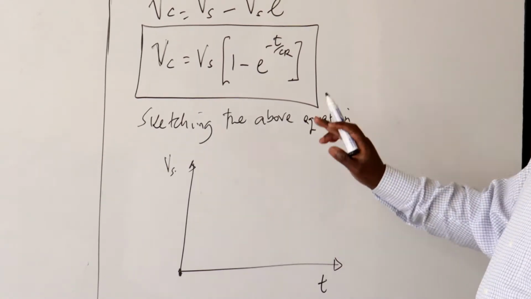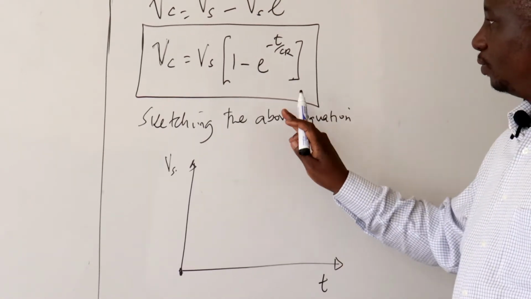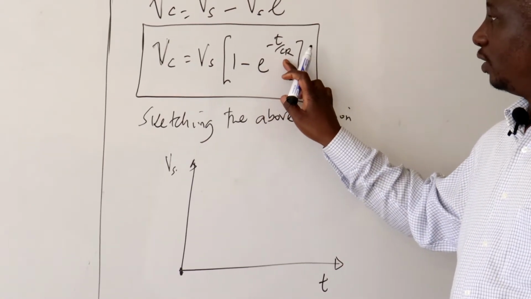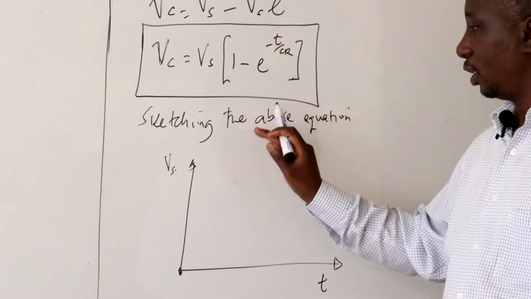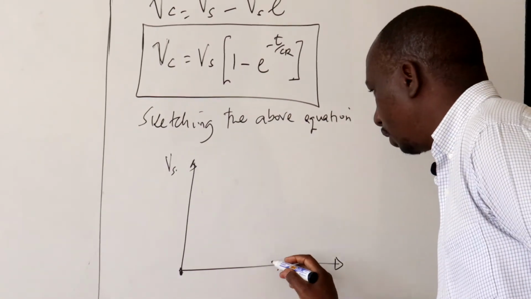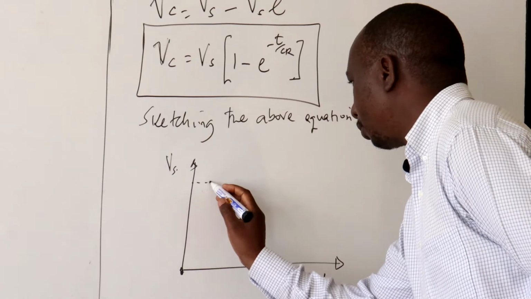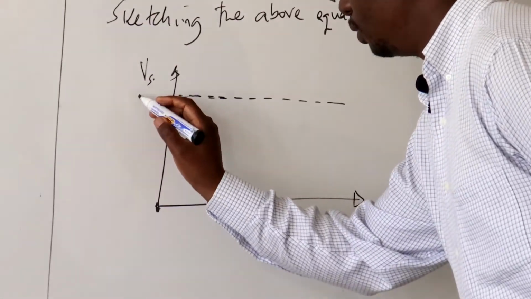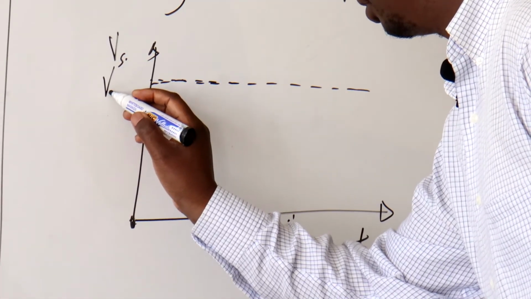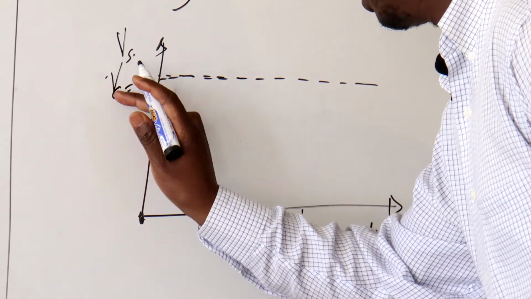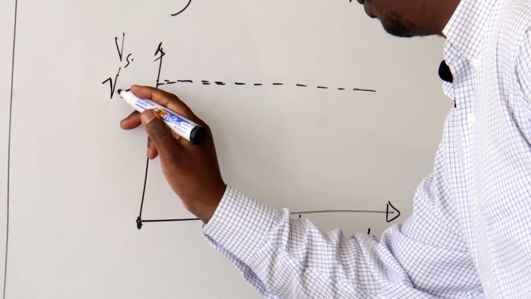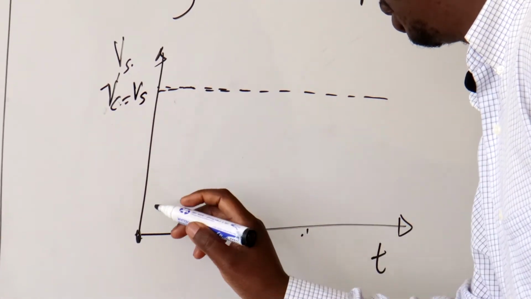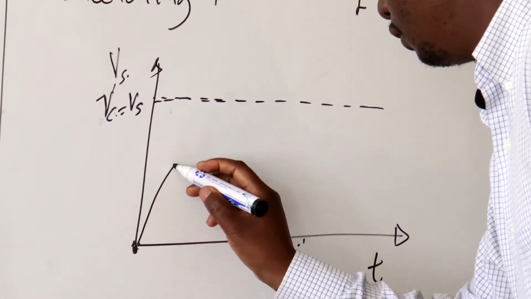When time t is equal to a maximum or infinite value, then e raised to power minus infinity is supposed to be 0. 1 minus 0, we shall get Vs. So at this point we shall have a maximum point here, which we shall refer to as steady state. Vc is equal to Vs at this point, and we shall have our curve looking like this.